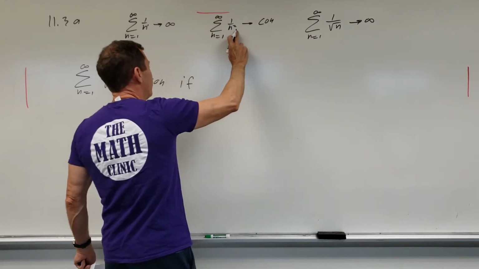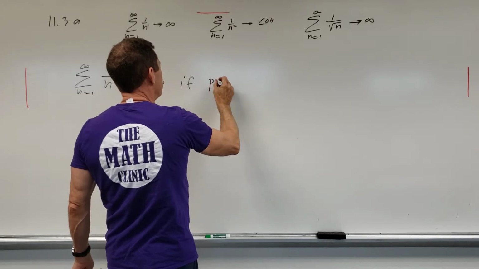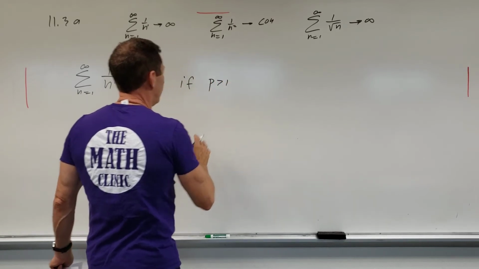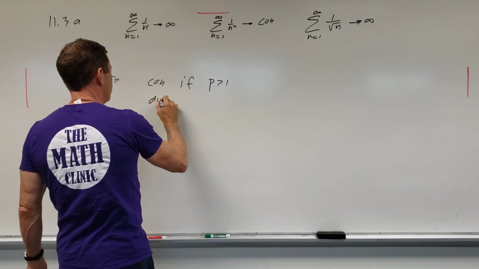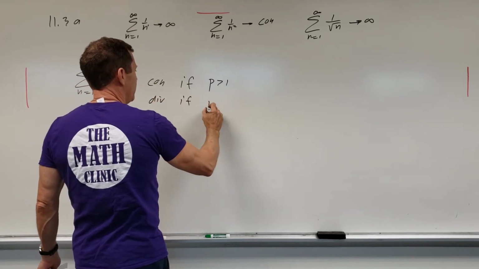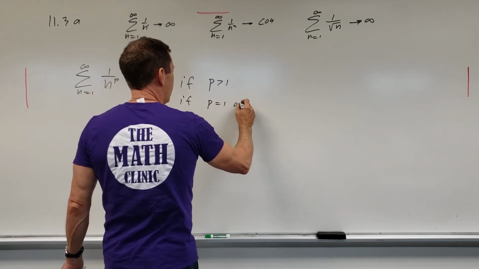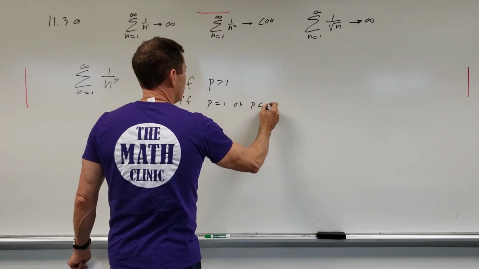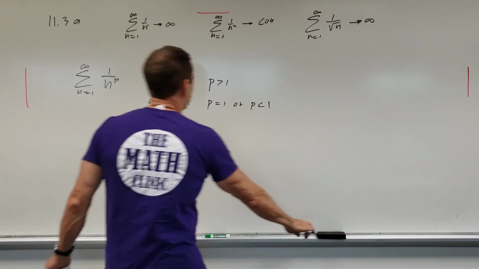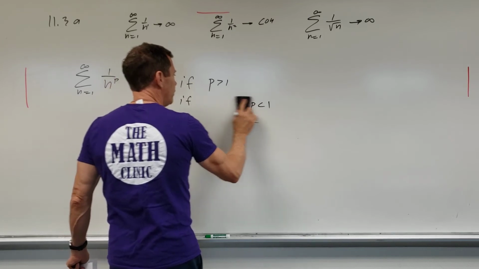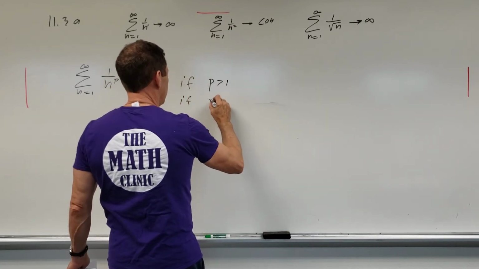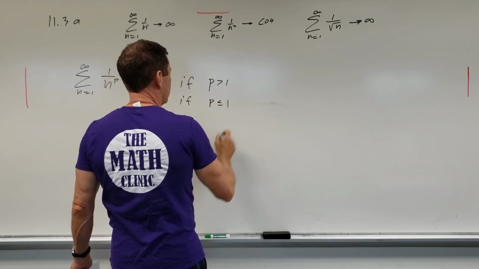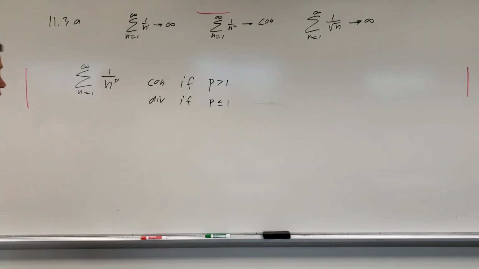P is equal to 2, it converges. So it looks like if p is bigger than 1, it's going to converge, and it's going to diverge if p is equal to 1 or p is less than 1. We can put that together and say p bigger than 1, good. If p is less than or equal to 1, bad.